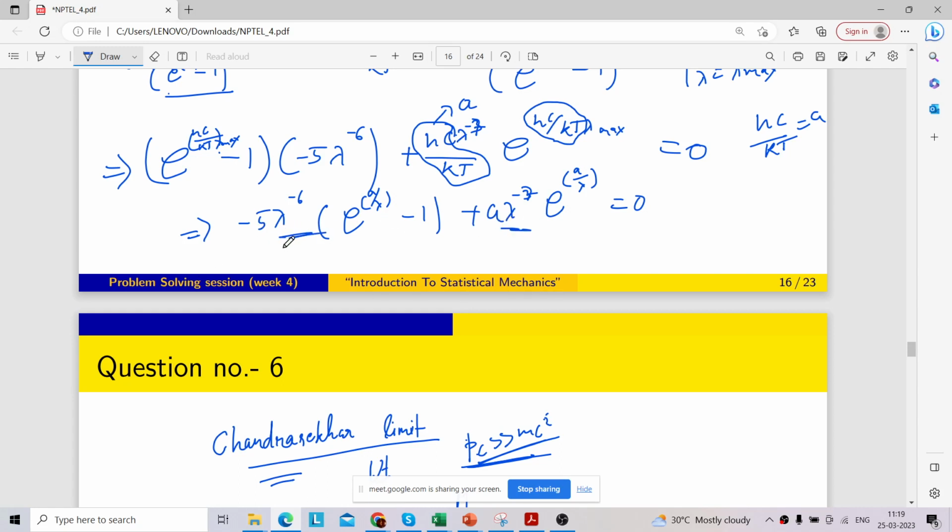I can take 1 minus 6 common, then I'll have, let's take this minus sign inside this, then I'll have 5 into 1 minus e to the power a over lambda plus a, and I am taking 10 to the minus 6 to the right hand side, then I'll have lambda to the minus 1 here, so it is a over lambda here, and it is a e to the power a over lambda equal to 0, and this is at lambda equal to lambda max, right?